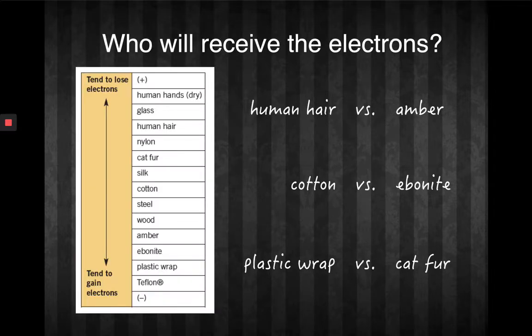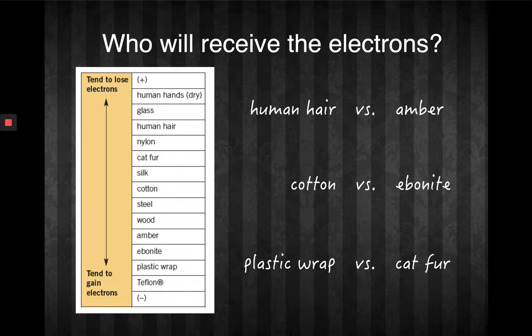So who's going to receive the electrons? So let's have a look at our table here on the left, and this is telling us whether our object is going to gain electrons or lose electrons. So let's have a look then at human hair versus amber. So it all depends on which one is higher on our table. So our human hair is right on the top.